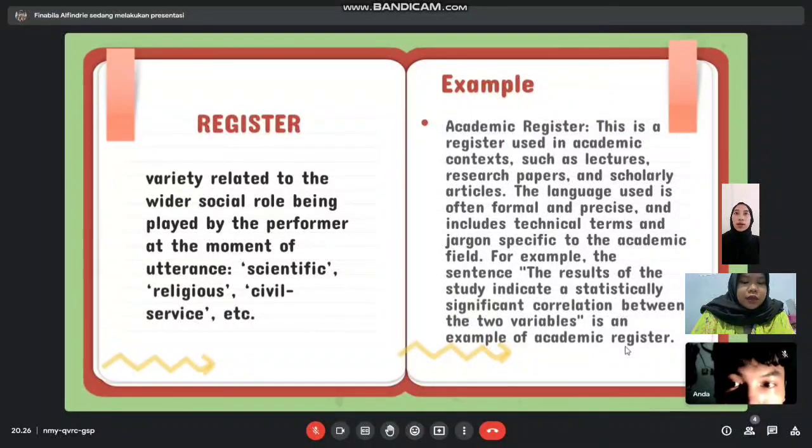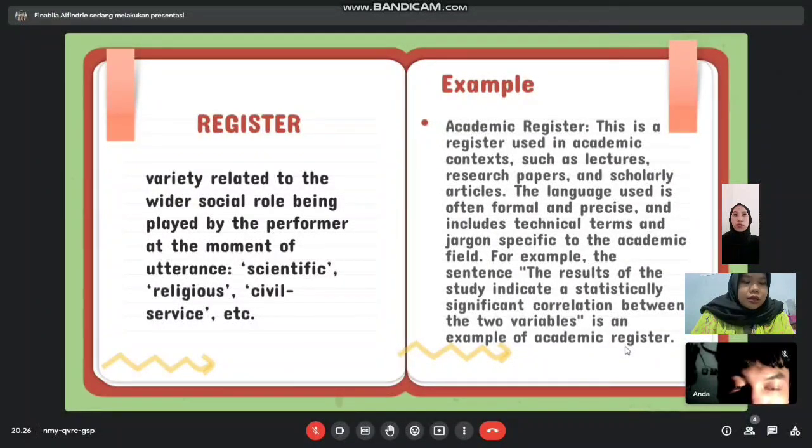Register is a variety related to the social role being played by the performer at the moment of utterance, in scientific, religious, and civil service contexts. Example, academic register.